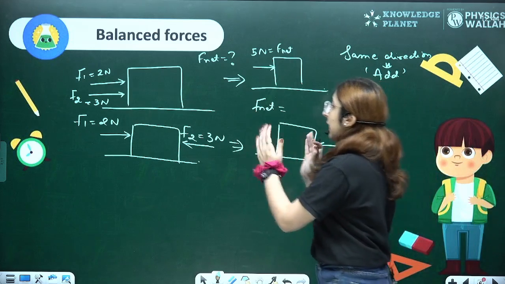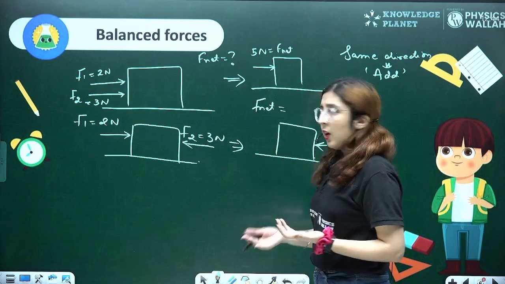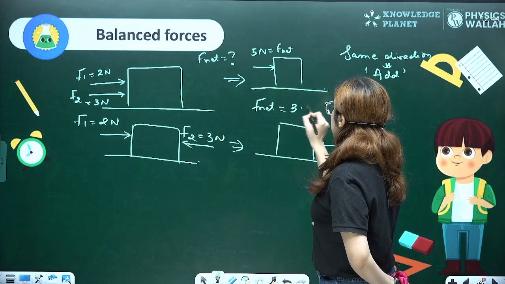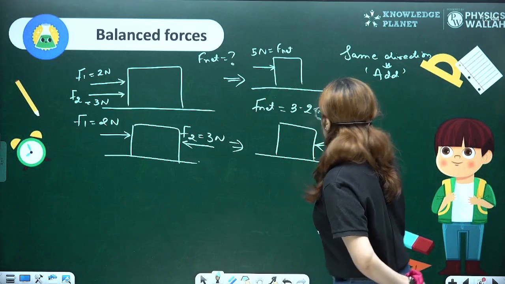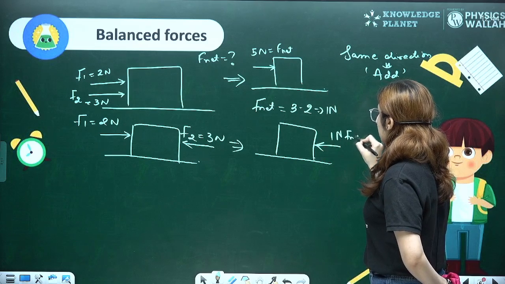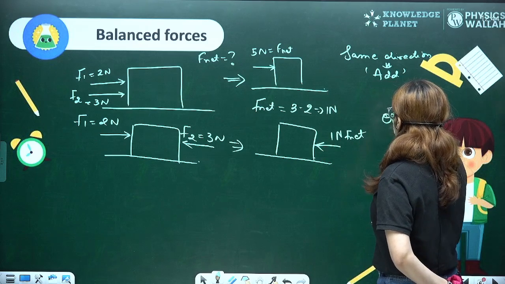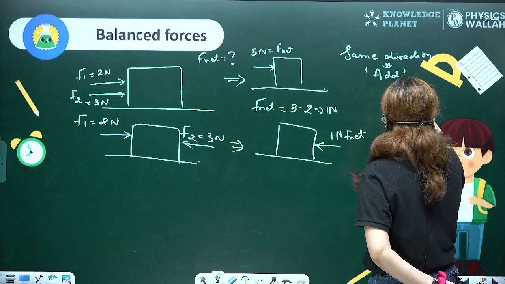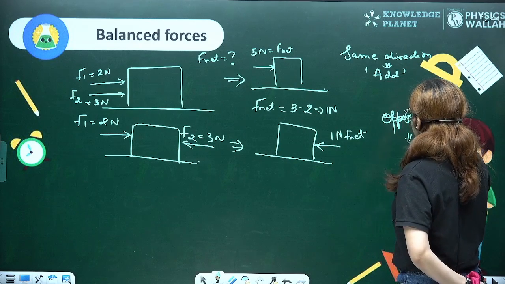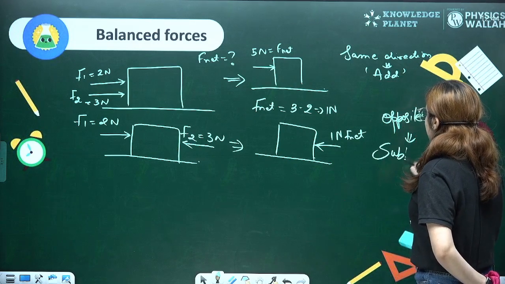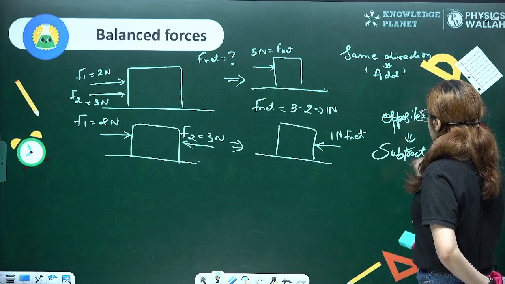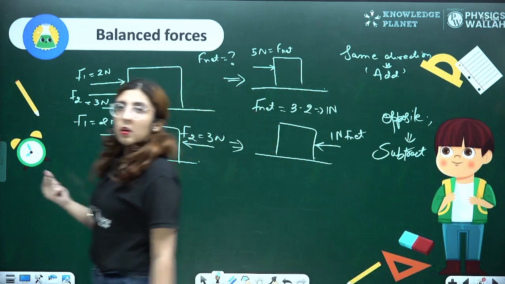So you are going to subtract F2 from F1, bigger minus smaller. So you are going to get the answer as 1 Newton. So your F net will be 1 Newton. Opposite, you are going to subtract. Basic, okay? This is the base.